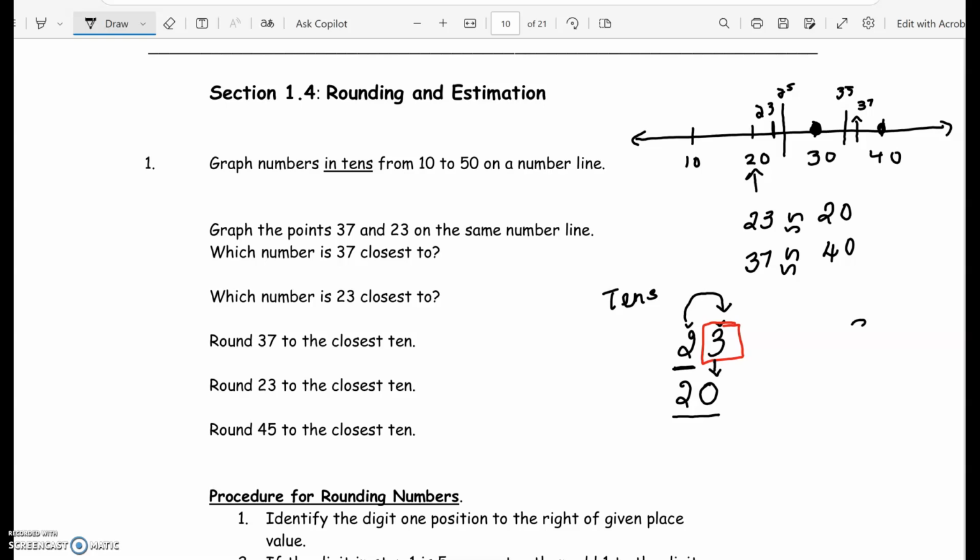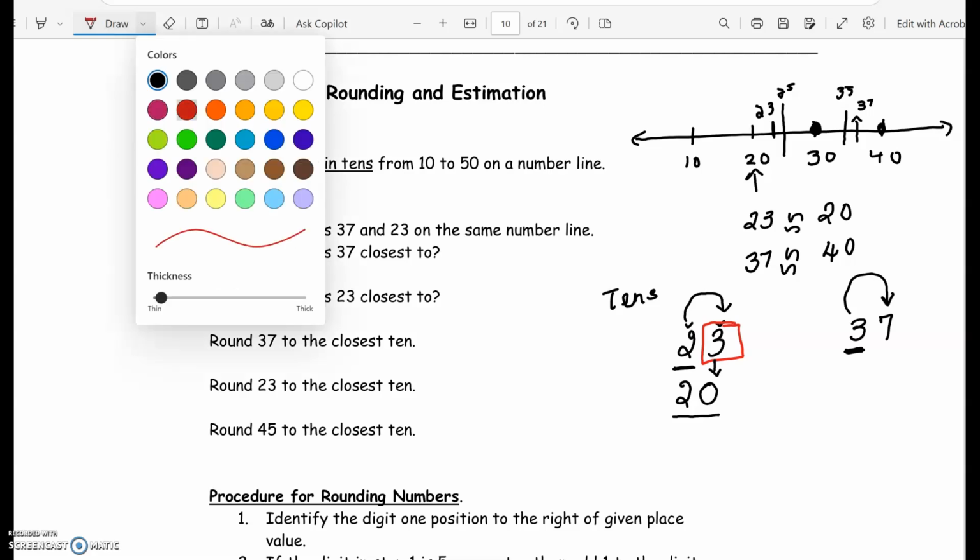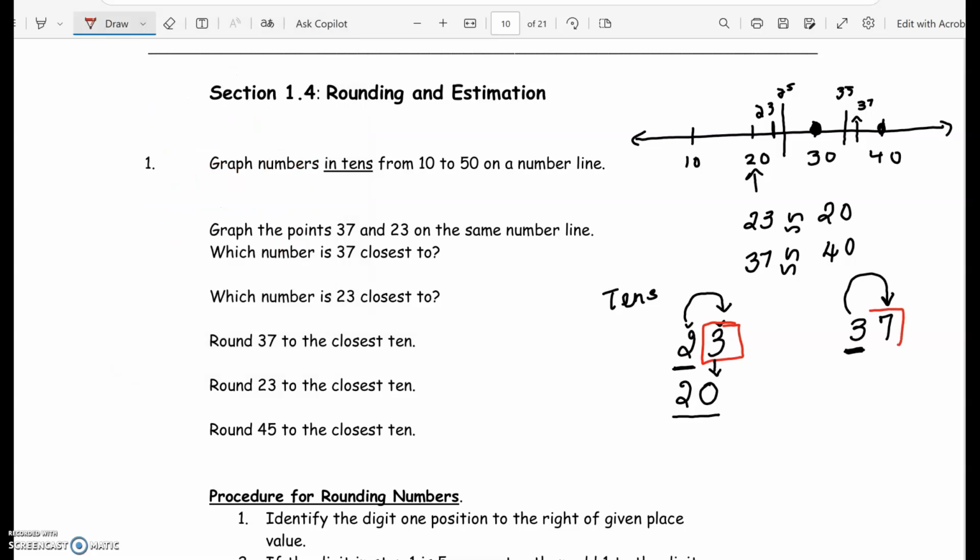Now let's see 37. We want to round it to the tens place. First, identify the tens place. It's one place to the left of the ones place, and that's your tens place. Now we look at one place value to the right. That number is going to tell us whether to round up or round down.